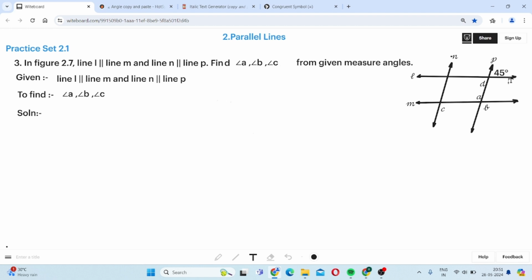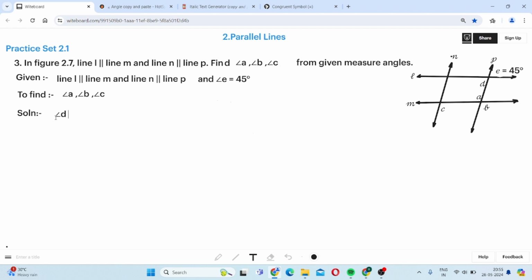For our convenience we will name it. So I have named angle E equal to 45 degrees, that is given. Now we have to find angles A, B and C. Given is line L is parallel to line M and line N is parallel to line P and angle E is equal to 45 degrees. So now let's write the solution.